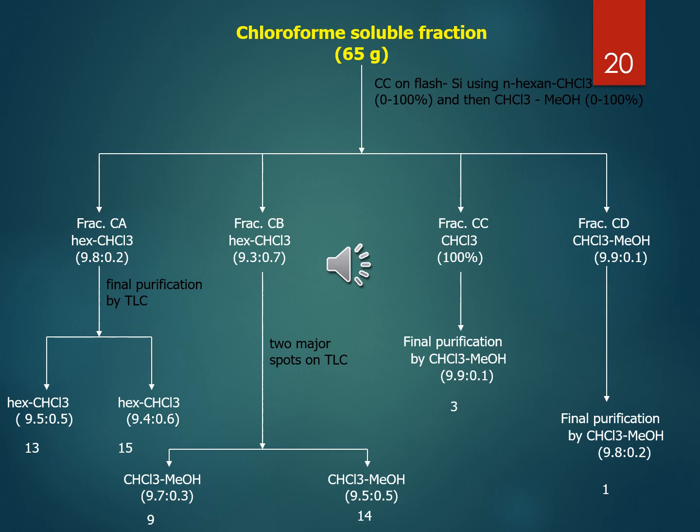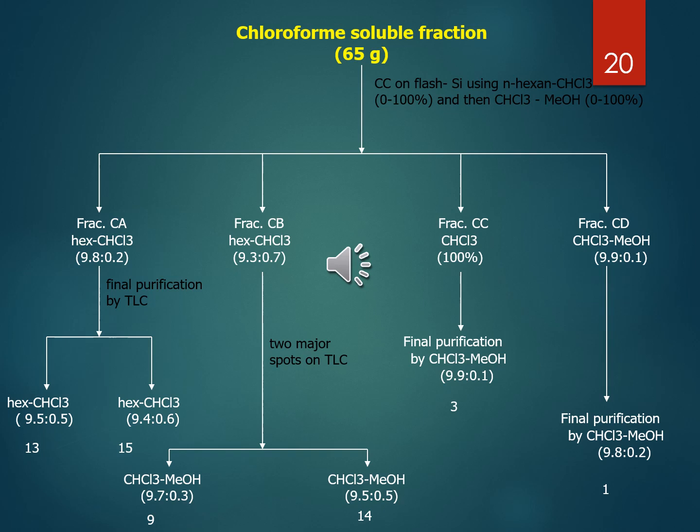The fraction Ca is further subjected to column chromatography over silica gel by using the solvent system 9.8 to 0.2 hexane-chloroform. So we obtain two compounds, and those compounds are 13 and 15.